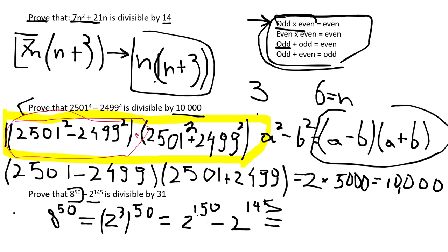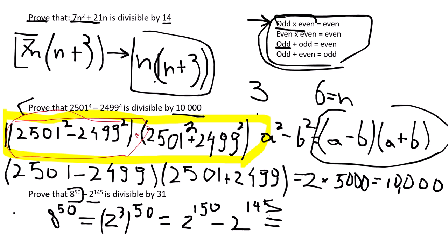You might think that, oh, we have the same base, so it can be 2 to the power of 5, because 150 minus 145 is equal to 5, but no. We cannot apply this rule because it's subtraction. If it was multiplication, you could add the exponents, or if it was division, if it was 2 to the power of 150 divided by 2 to the power of 145, it would be 2 to the power of 5. But here we cannot do that.